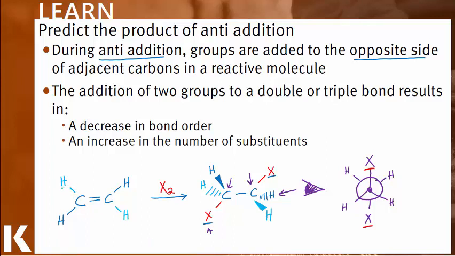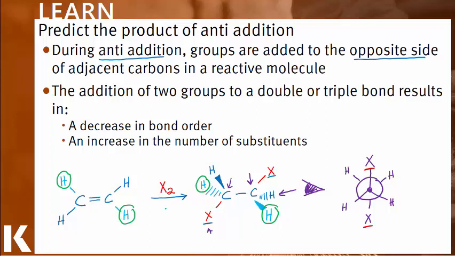Now, we had labeled these two hydrogens in a lighter blue to show how their orientation changes during the course of this reaction. These two hydrogens in light blue are currently on opposite sides of this double bond. And notice that after the addition reaction, these two hydrogens are on opposite sides of the molecule.